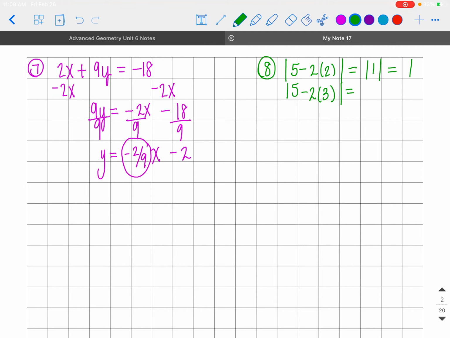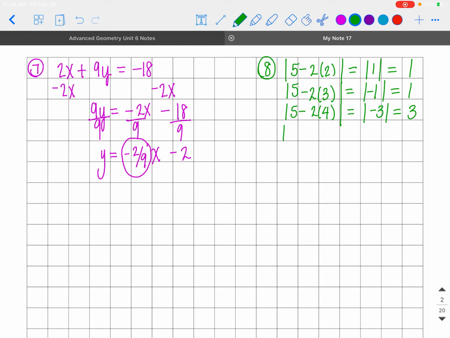That's the absolute value of 5 minus 6, which is negative 1. The absolute value of that is 1. Next one, absolute value of 5 minus 2 times 4. That's the absolute value of 5 minus 8, or negative 3. The absolute value of that is positive 3. Still not greater than 5.